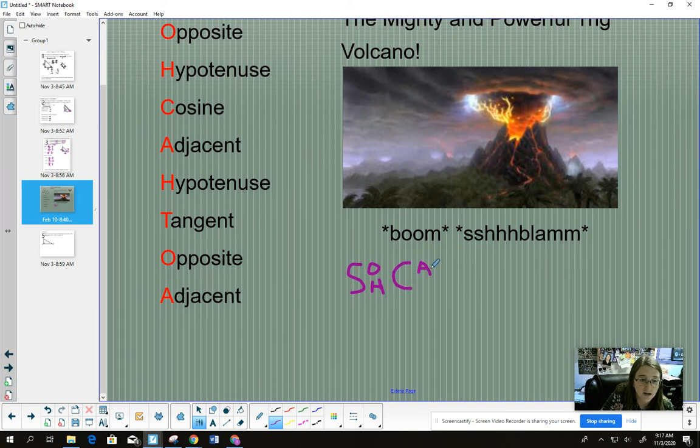Cosine, there's its fraction. Tangent, there's its fraction. So I'm going to be writing it like this so we can see very clearly S, C, and T are the trig ratios, and here are their fractions.